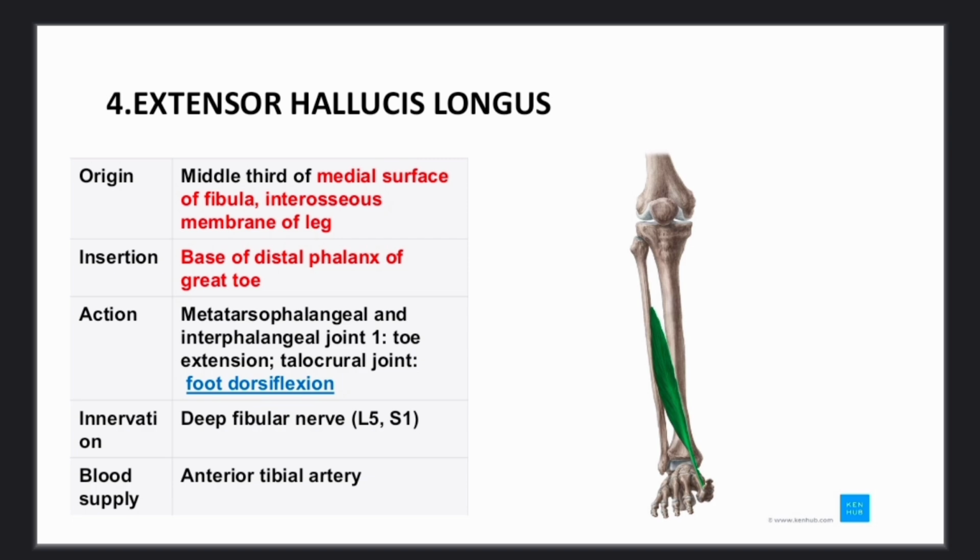Insertion, it is inserted into the base of the distal phalanx of the great toe. And actions, at the metatarsophalangeal and interphalangeal joints of the first toe, it produces extension of the great toe. At the talocrural ankle joint, it causes dorsiflexion of the foot. Okay, the innervation, it's supplied by the deep fibular or peroneal nerve, and blood supply receives from the anterior tibial artery.